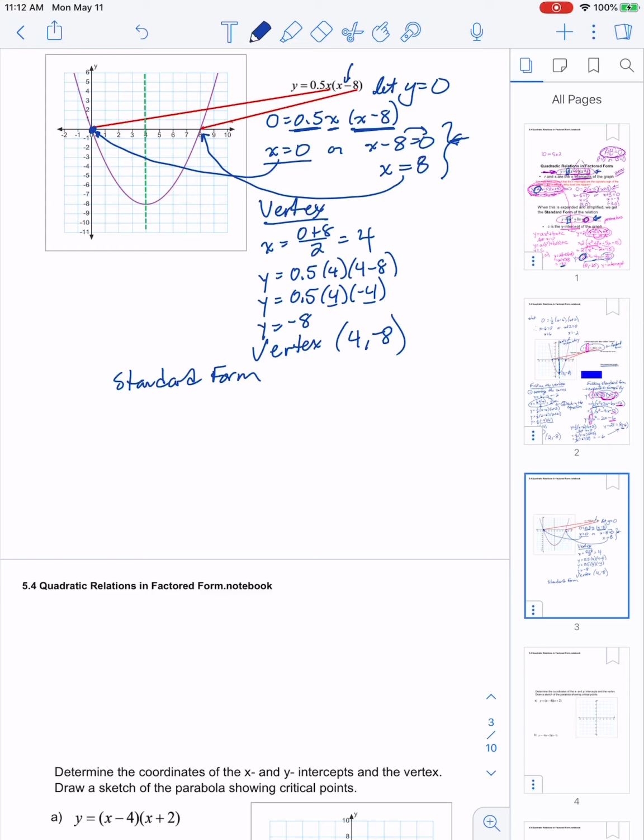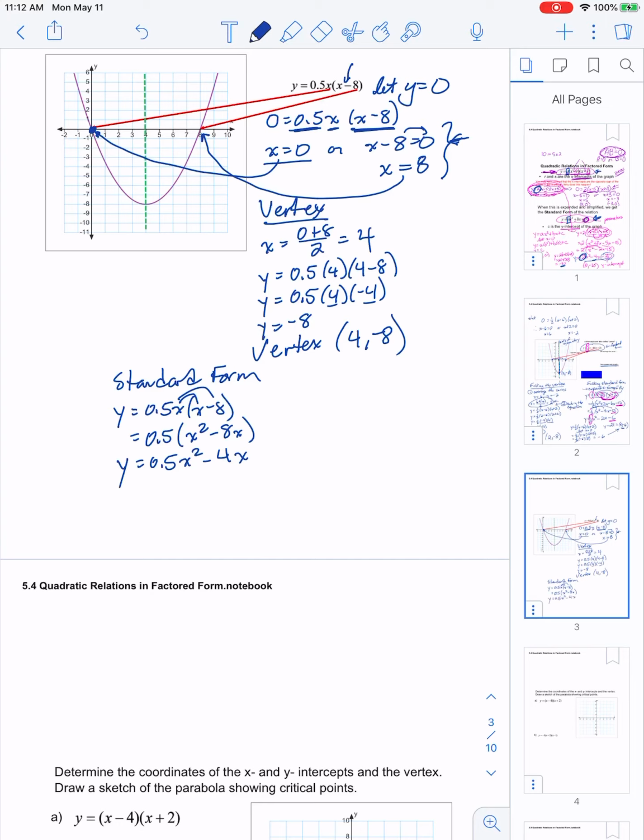This one, standard form, is pretty easy because 0.5x times (x minus 8). You can leave the 0.5 at the front. So I'm going to do x times x is x squared, x times minus 8 is minus 8x, or you could just multiply the 0.5x all through the bracket. So that's going to be 0.5x squared minus 4x.